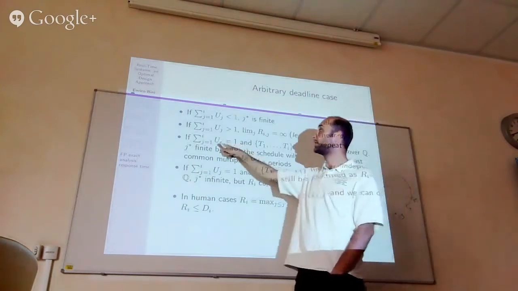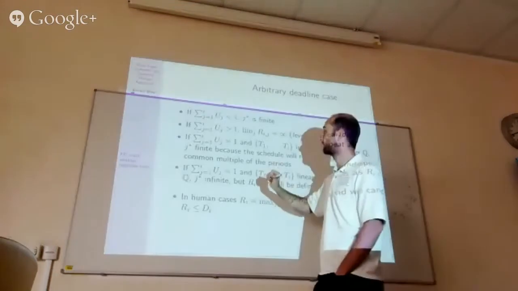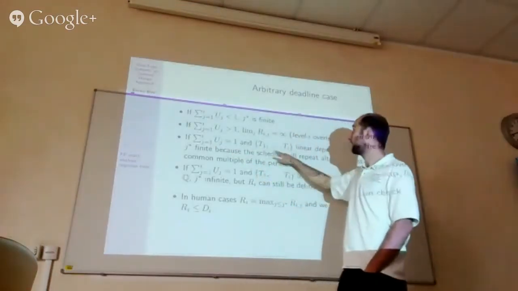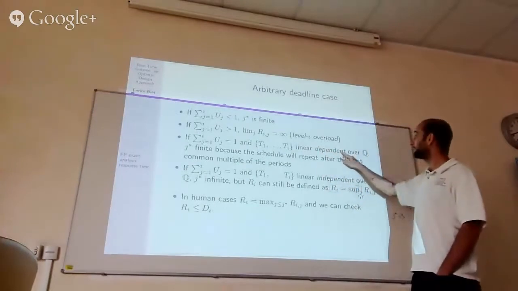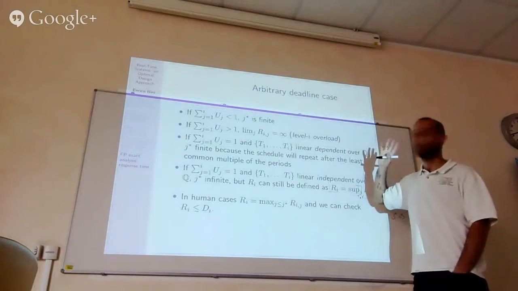Now, what is left is only the case where you have utilization equal to 1, which is quite interesting. If the total utilization is equal to 1 and the periods are linearly dependent over the rational numbers, this is kind of scary.